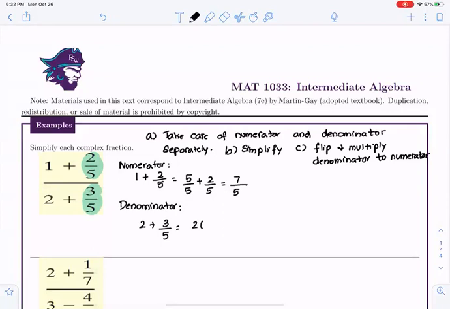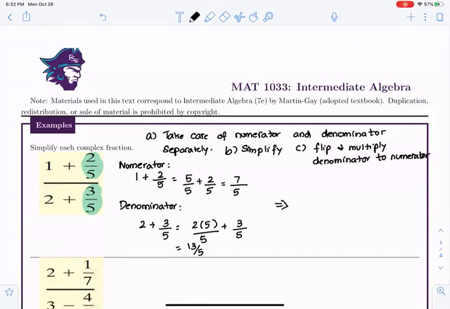So 2 times 5 divided by 5 plus 3 over 5. We have a common denominator now, so we just add the numerators. 2 times 5 is 10, and 10 plus 3 is 13. So 13 over 5.